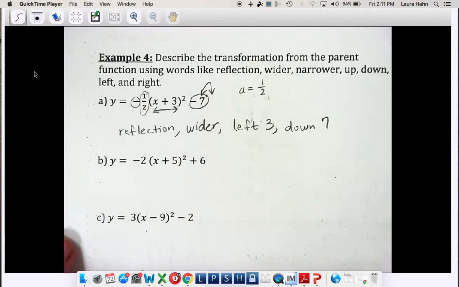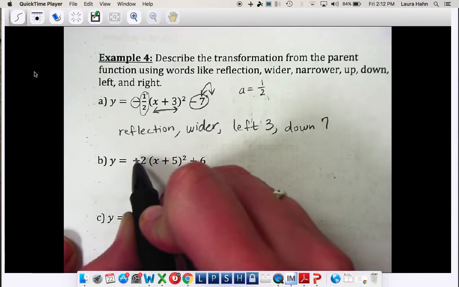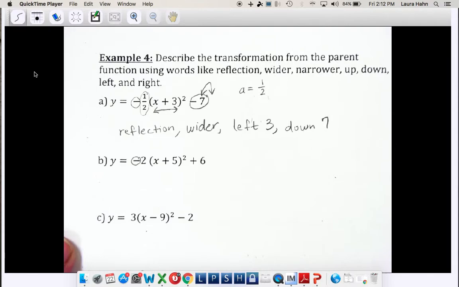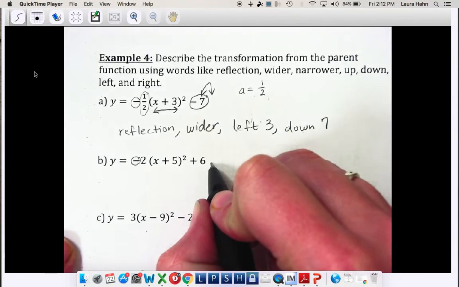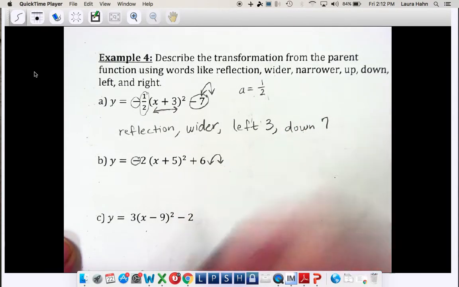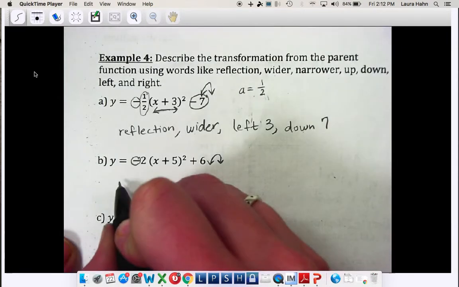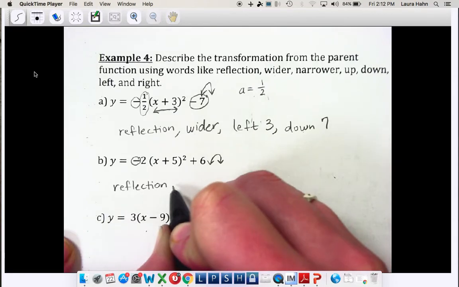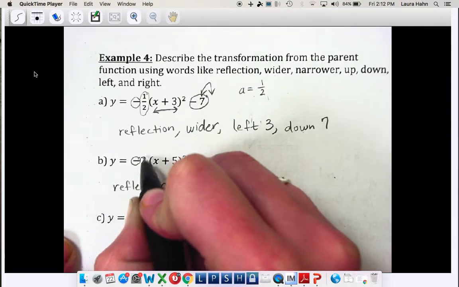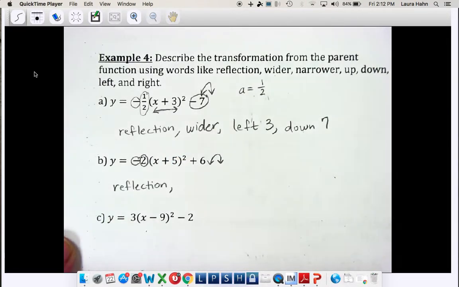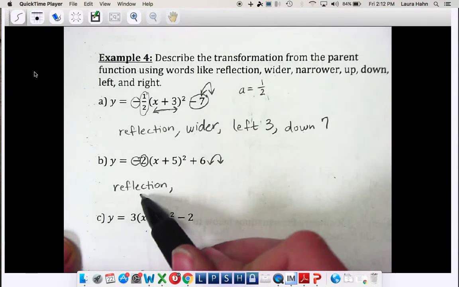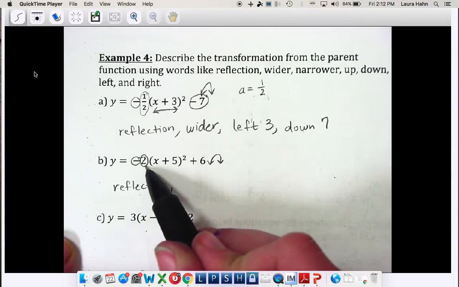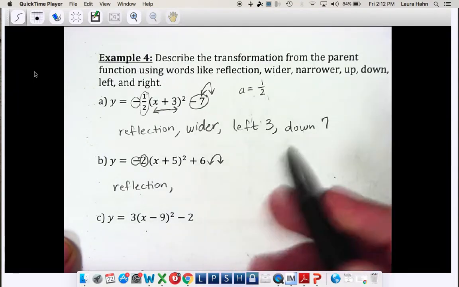All right, so on B, I know that's a negative, which tells me this guy's going to be opening down. So we call that a reflection. I see that A is 2, well, negative 2, but the negative tells me that it's going to be reflected. It's going down. The 2 is larger than 1, which tells me that it's going to be more narrow.